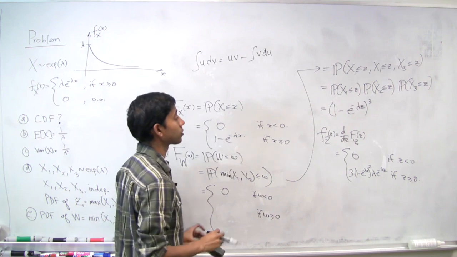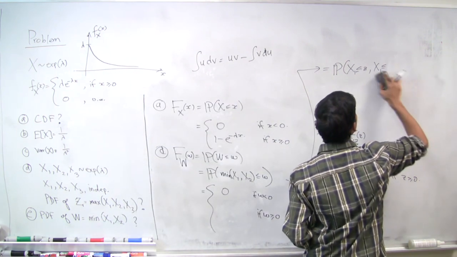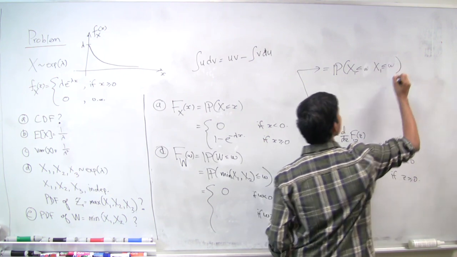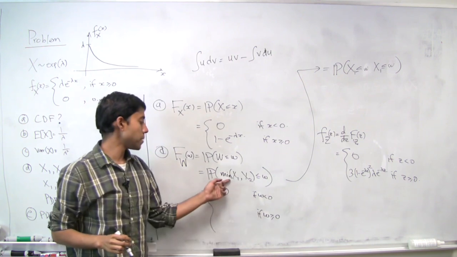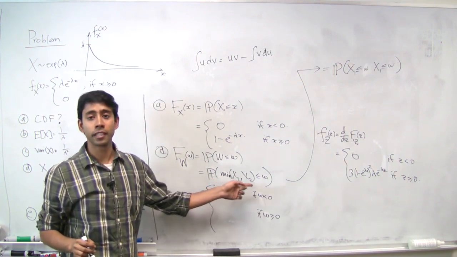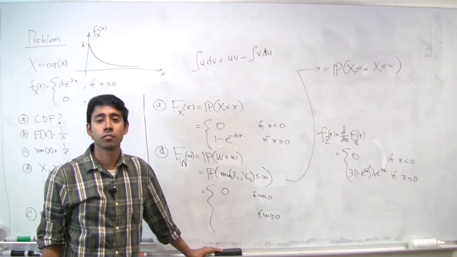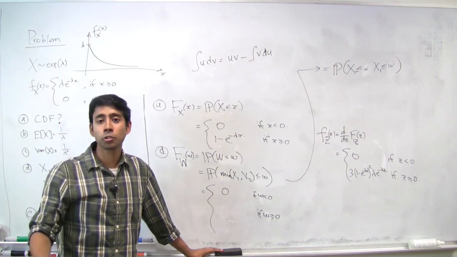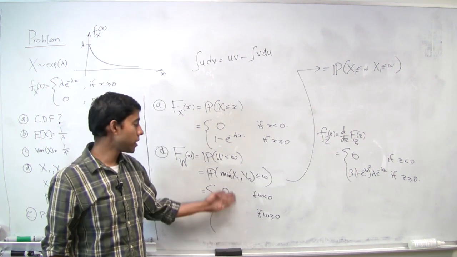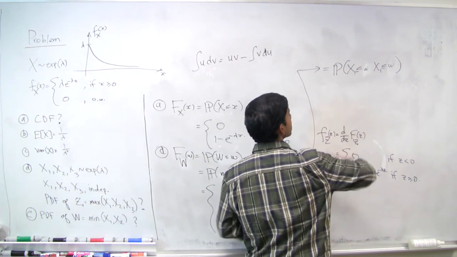Okay, so let's see if this works. Is it true that if the min of x1 and x2 is less than or equal to w, then each of them is less than or equal to w? No, right? x1 could be less than or equal to w, and x2 could be bigger than w, and the min could still be less than or equal to w. So that's definitely not true.